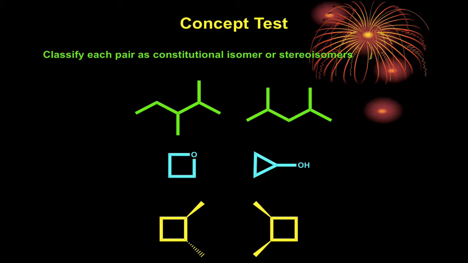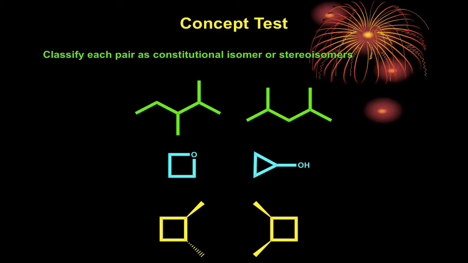Okay, and it's what? 2,3-dimethyl pentane. And what's the one on the right? Pentane. Very different names, right? Same functional group. They're both hydrocarbons, but you can clearly tell that the connection is different.